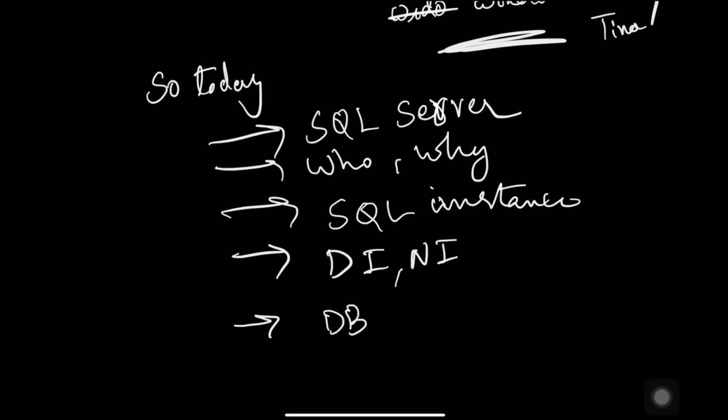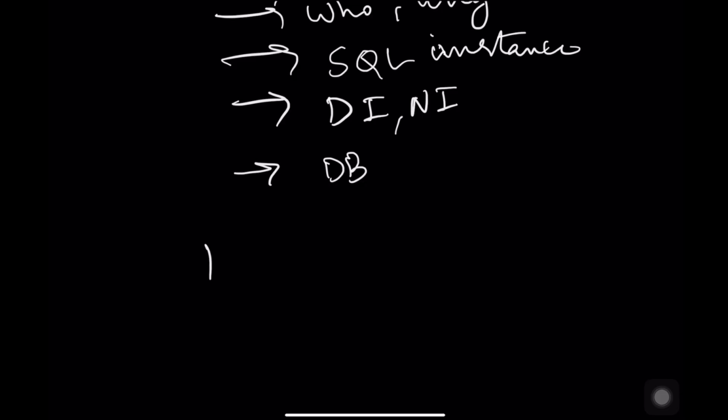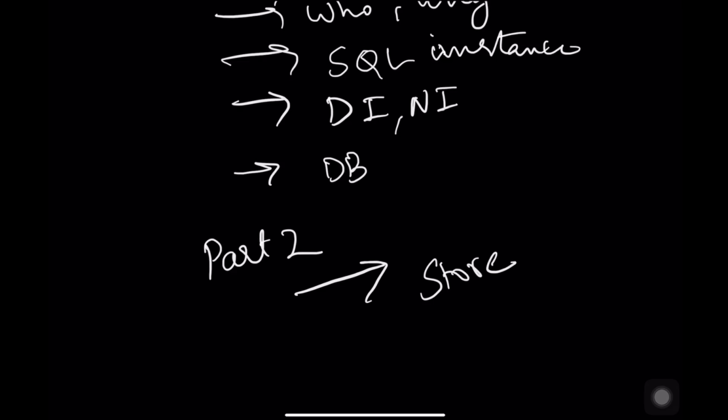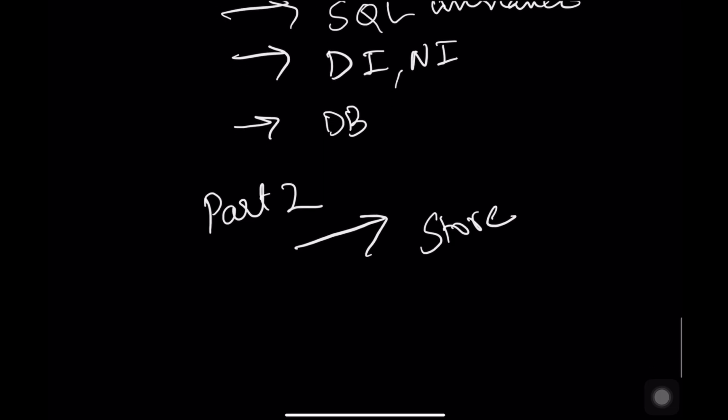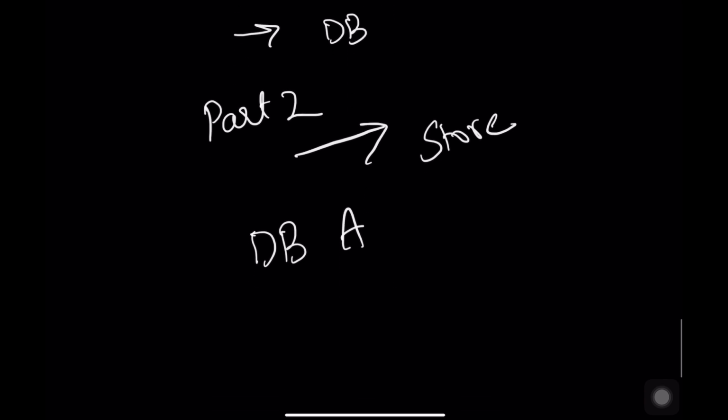In the next video, part 2, we will go deeper inside the database engine to see how SQL Server actually stores your data in pages, extents, and file groups. So don't forget to watch part 2 of SQL Server Database Architecture, where we'll visually explore how SQL Server organizes your data from tables all the way down to storage.